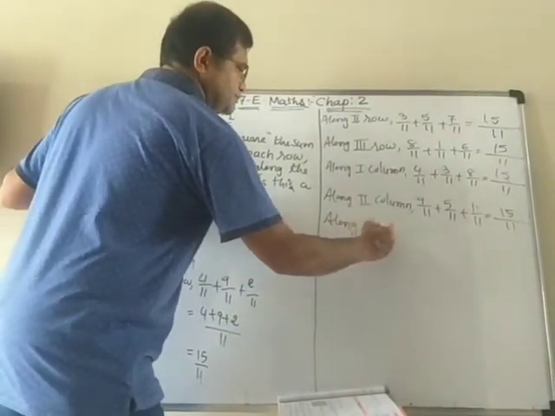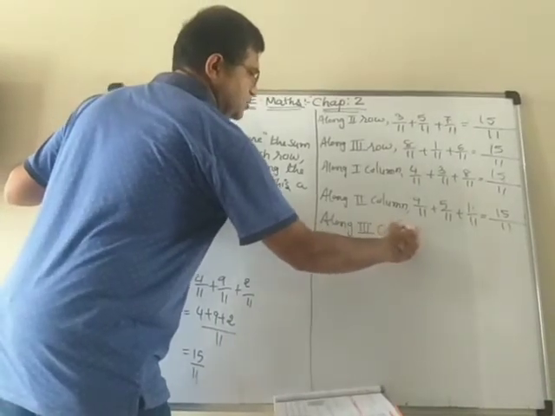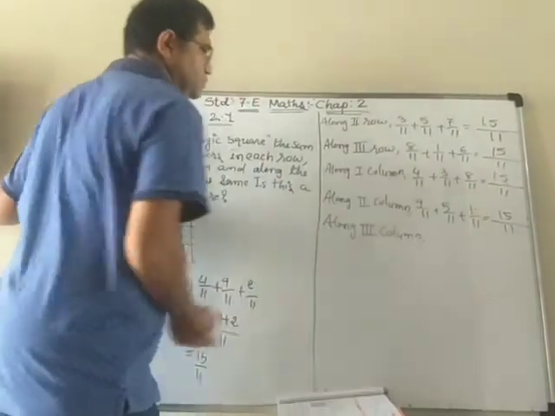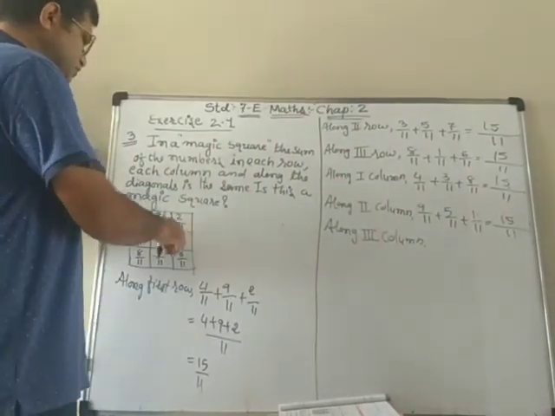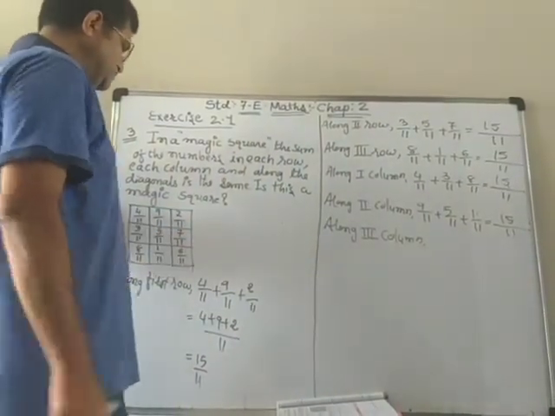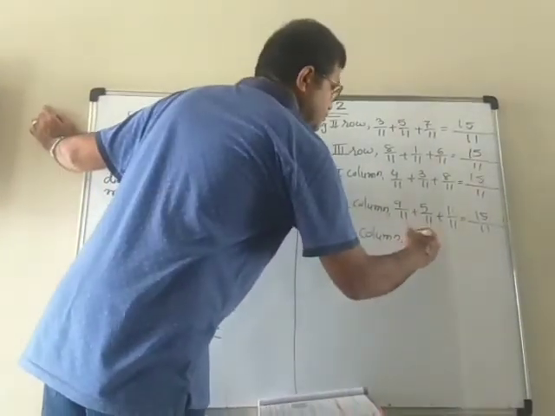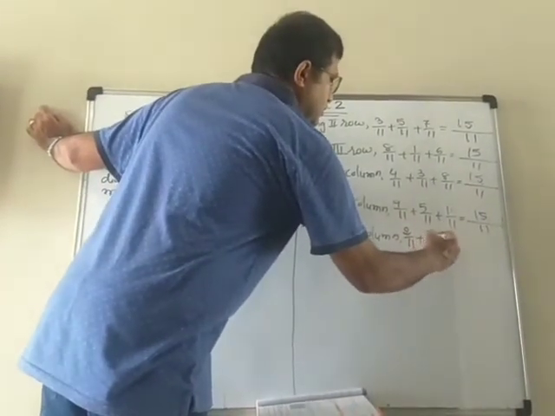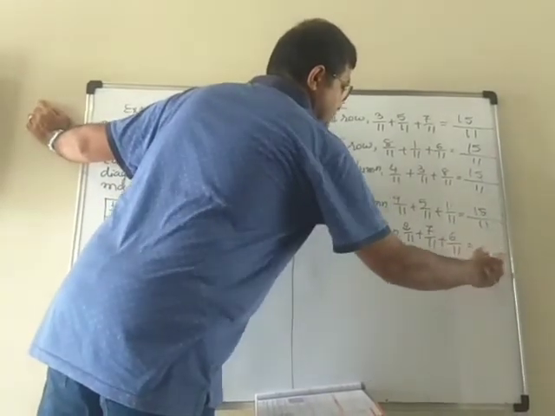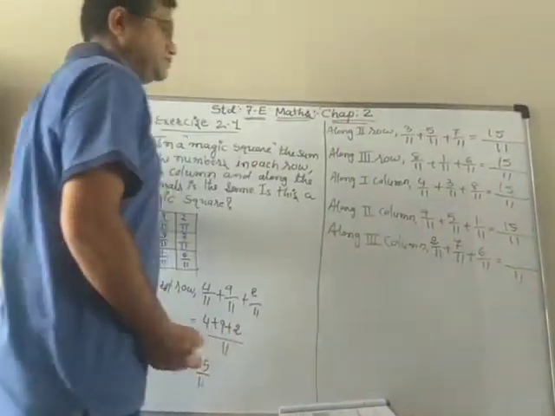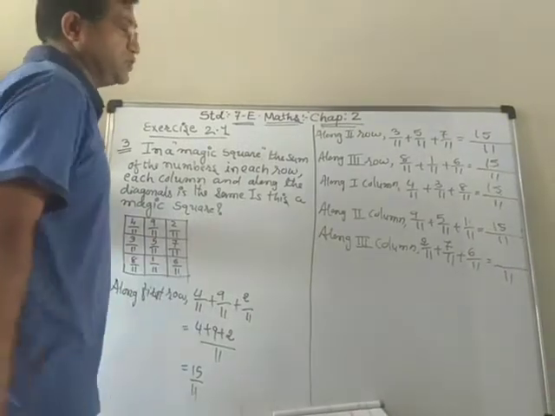Along the third column, what is the third column here? 2 upon 11, 7 upon 11, 6 upon 11. So here you can see that 2 plus 7, 9, 9 plus 6, 15.